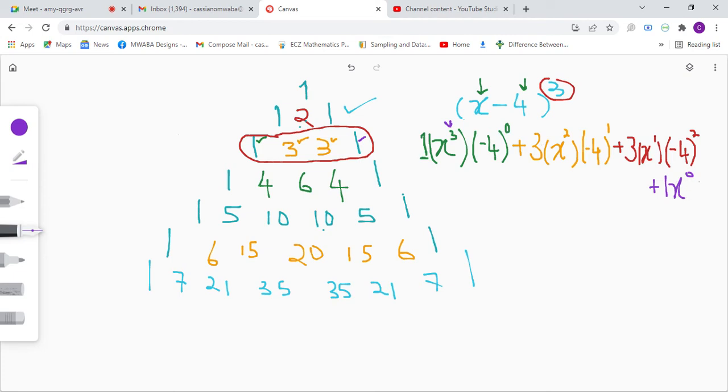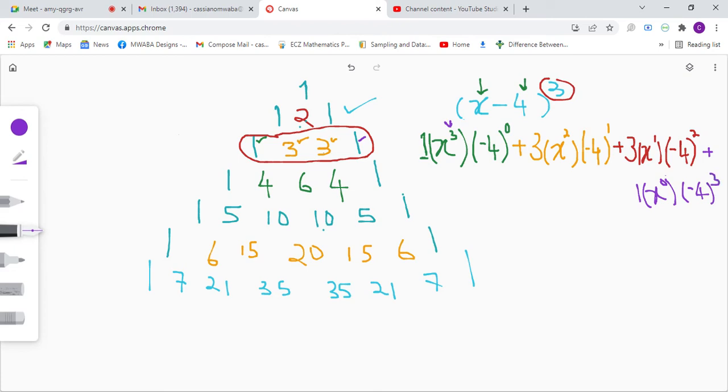So 1 times x to the power 0, times negative 4 to the power 3.